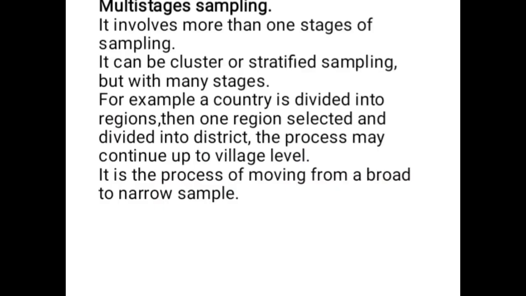Now, the last type of probability sampling is multi-stage sampling. The name depicts itself: multi-stage, meaning that it involves more than one stage. Multi-stage sampling is a type of probability sampling that involves more than one stage of sampling.